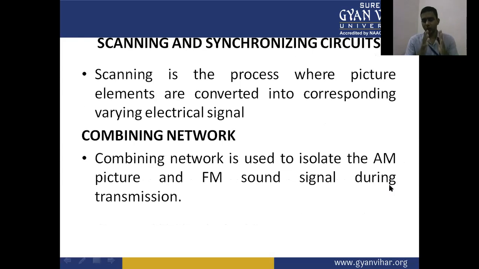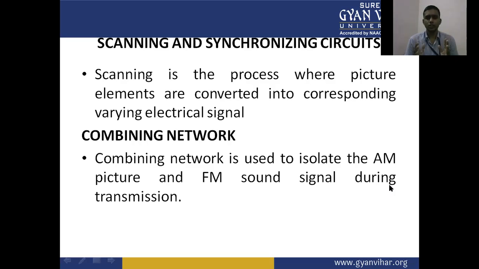So scanning is the process through which the picture elements or scene is converted into the corresponding varying electrical signals. This electrical signal varies according to the picture or scene elements.